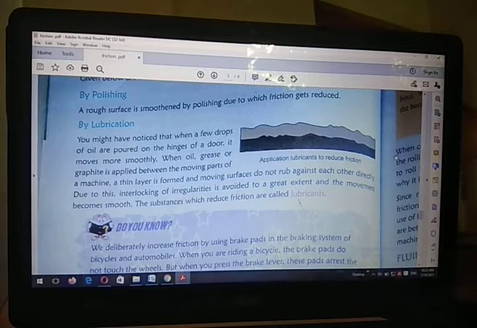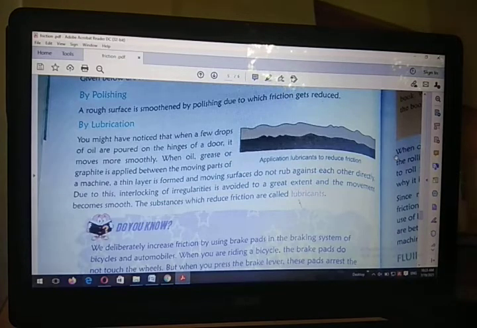All these are applied between the moving parts of a machine, and the hinge of a door is a simple machine. A thin layer of oil, grease, or graphite is formed, and the moving surfaces do not rub against each other directly. So interlocking of irregularities is avoided to a great extent and the movement becomes smooth.